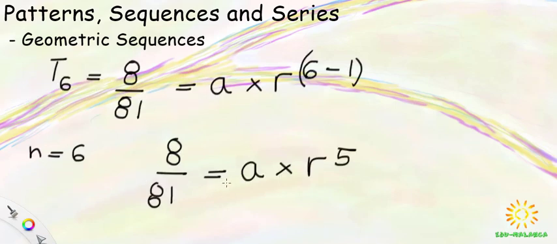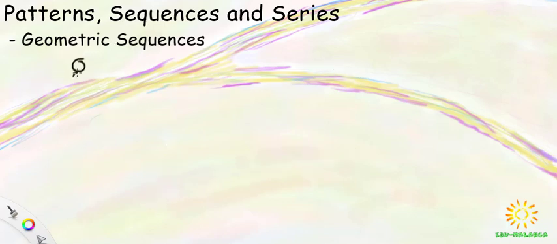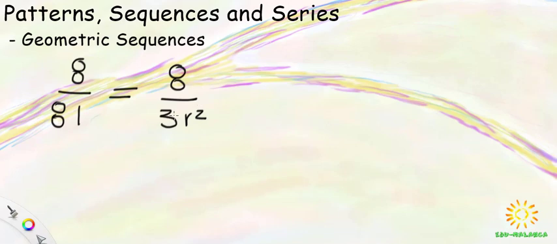So in this expression, we can substitute 8 over 3R squared in where we are seeing A. This expression altogether would then become 8 over 81 is equal to 8 over 3R squared, which is what A is, times R to the power of 5. We've now got an expression where the only variable we're seeing is R. So let's solve for R then.